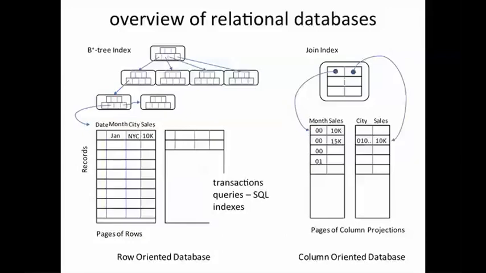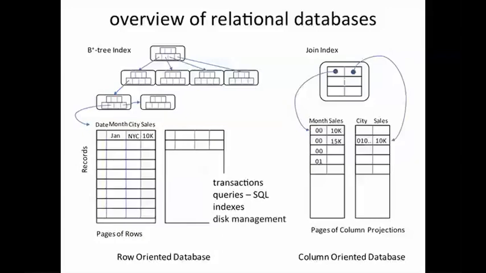The B+tree is the most common form of index, which is essentially like a binary tree, except for the fact that the interior nodes don't actually store data values, they only store key values, and the leaf nodes point to blocks of disk where particular combinations of keys are actually available to retrieve. Other types of indexes like hash indexes and bitmap indexes are also used, but B+trees are by far the most popular for indexing a row-oriented database.